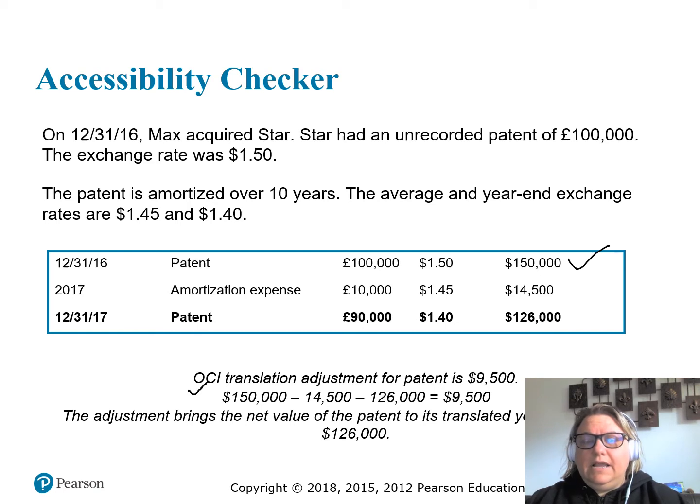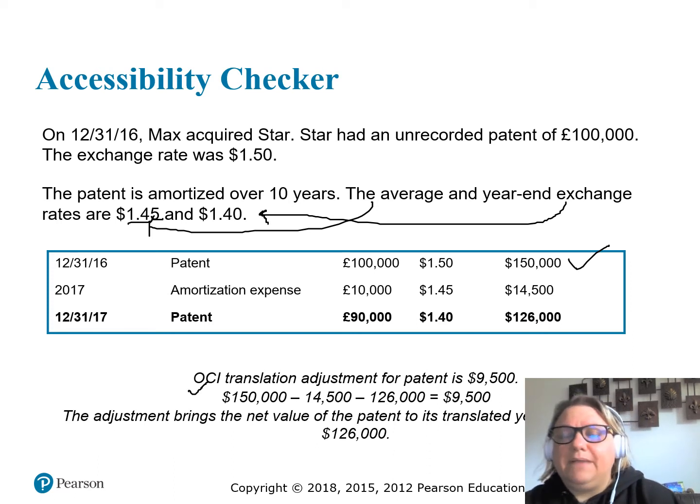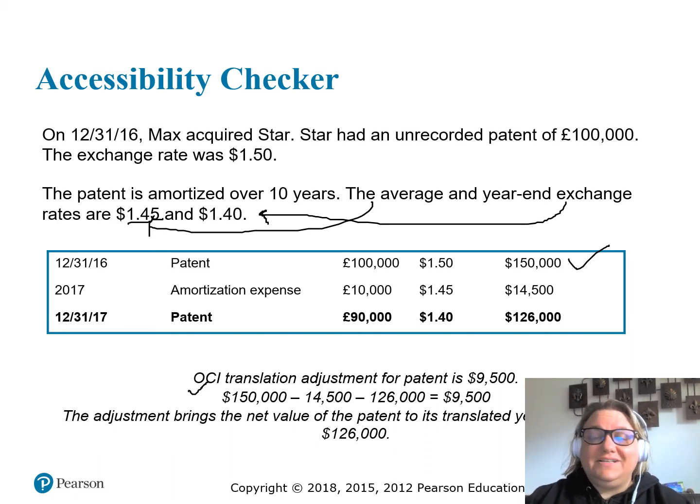So that's where we get our 150,000, 150 times 100. Then the next thing we're going to do is look at the average and year-end exchange rate. Over 10 years, the average rate is 145, the year-end exchange is 140.